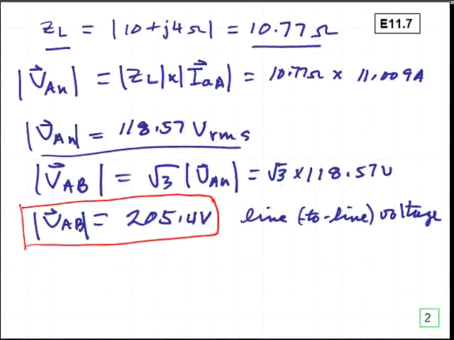Then, since this is a balanced system, we can say that this magnitude VAB is the same as the magnitude of the VBC line-to-line voltage, and that's equal to the magnitude of the VCA line-to-line voltage.